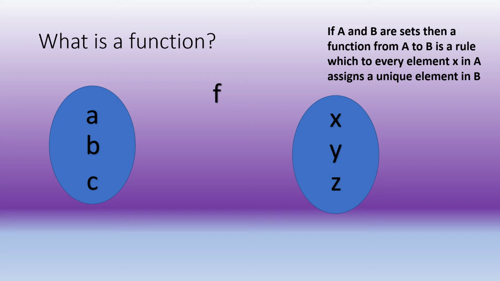And in my other blob, we have set capital B, which contains elements x, y, and z. And f is any function which, to every element in set capital A, so that is to elements a, b, and c, assigns a unique element in capital B.